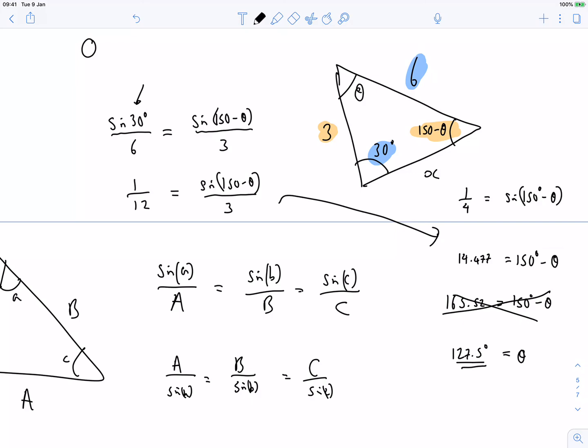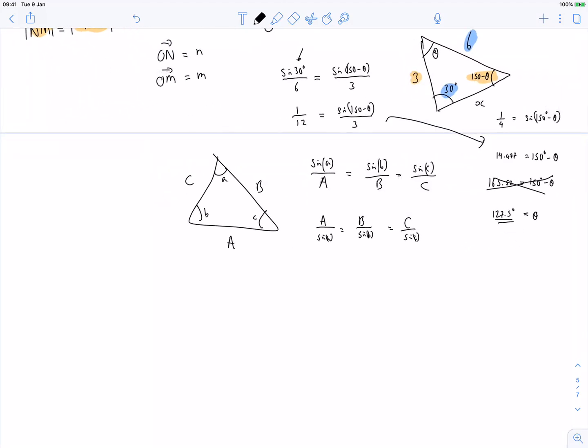Yeah, moderately tricky. Let's see if I can make any sense of that. So 30 degrees is fairly short. Let's say I draw a line of length 3, and 30 degrees is an acute angle, like so. And the length from here to some other point is 6, so it's going to be fairly big, like that.